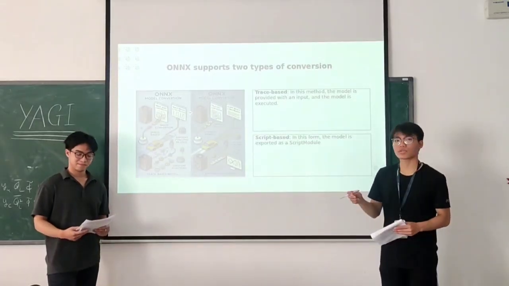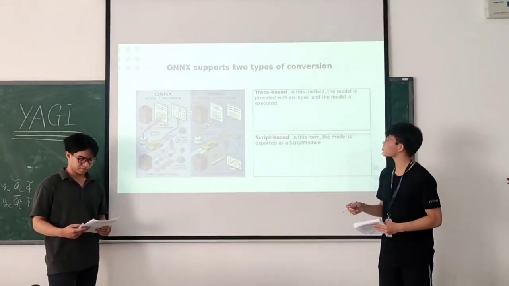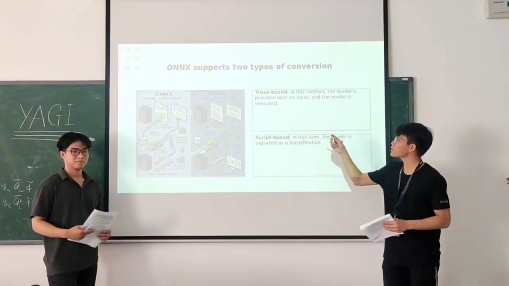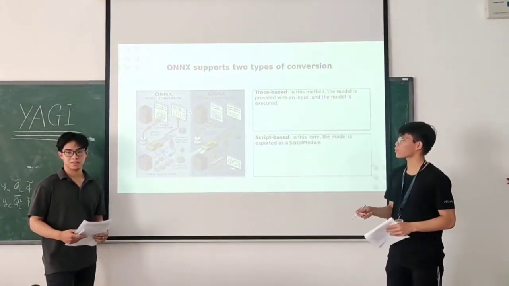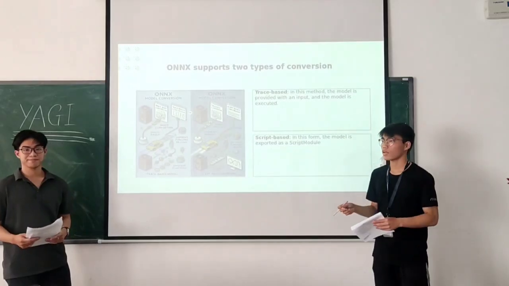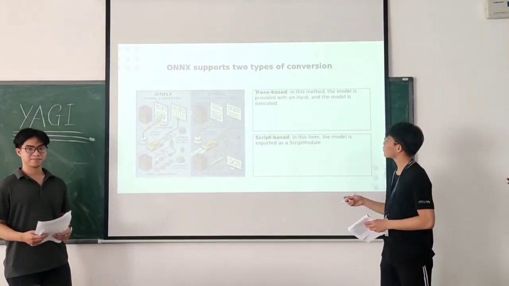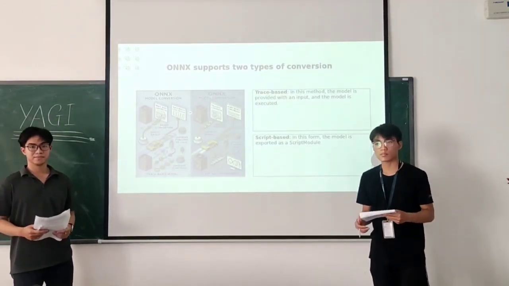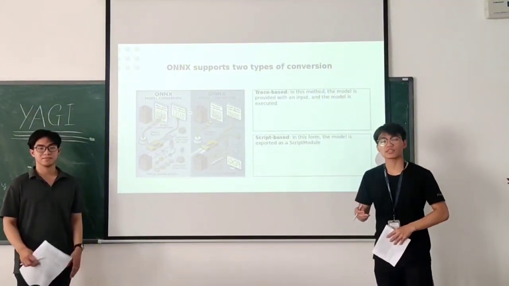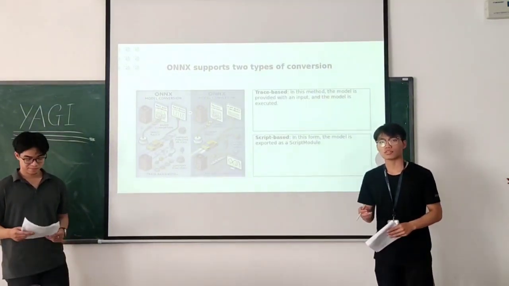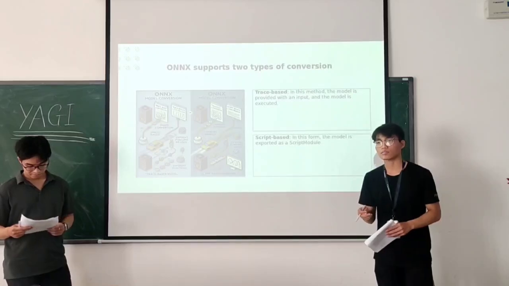ONNX supports two types of conversion. Trace-based. In this method, the model is provided with an input and the model is run. The functions used during this process are traced and recorded.